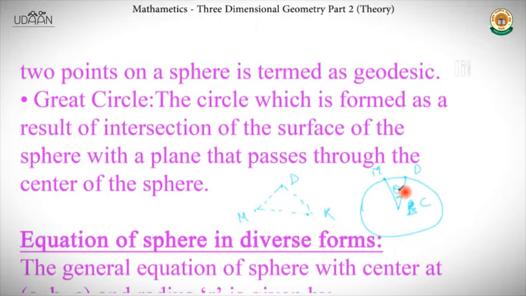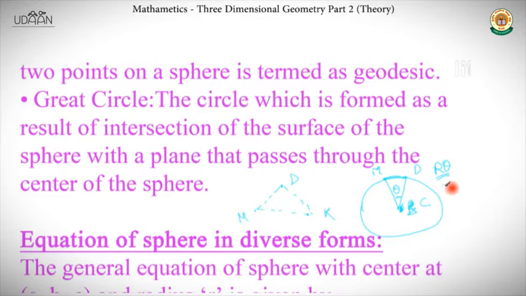By knowing the coordinates of points D and M with respect to a 3D coordinate system fixed with origin at the center of Earth, we will find the coordinates of M and D, and then the distance would become r theta.